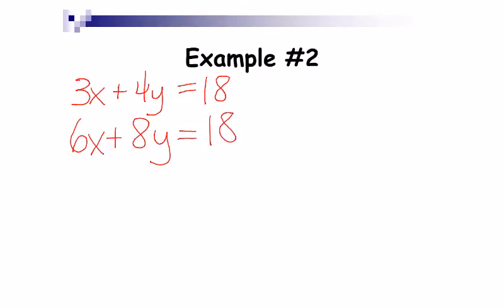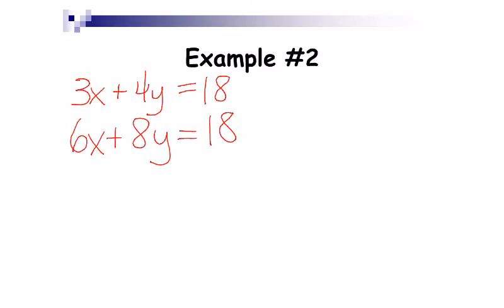Okay, notice that how is it possible that this top equation, a 3x and a 4y, is going to equal 18, and these two are going to equal 18? And the point would have to be the same, so the x's and y's would have to be the same in order for the point to work. I have a feeling this is going to be no solution, so we're going to check it out.